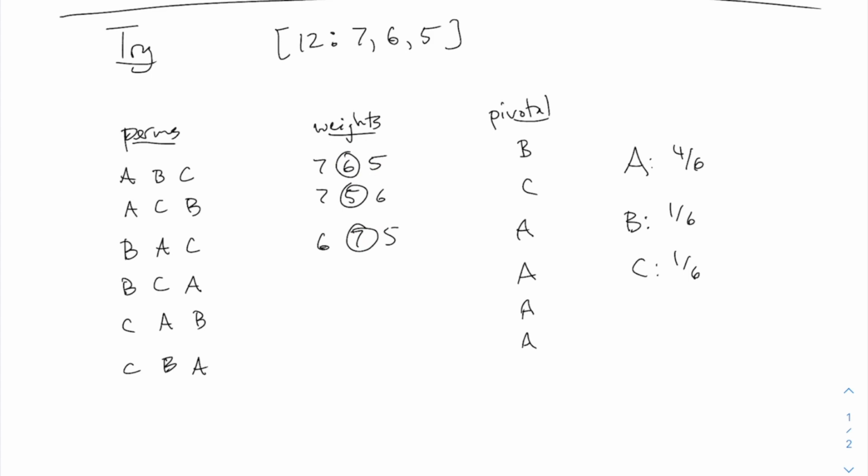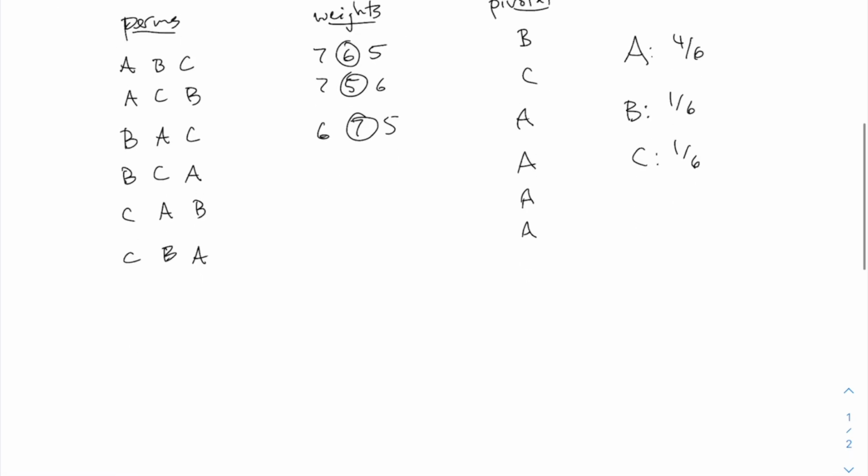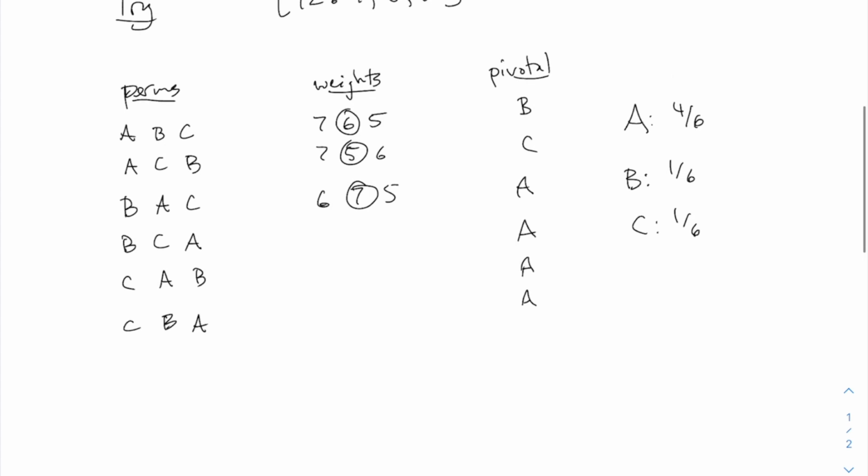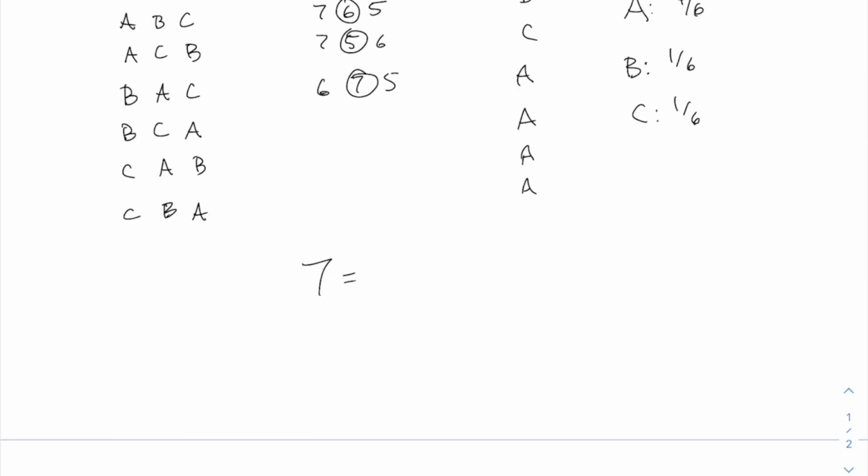Would it be okay if I put the fractions next to the numbers 6, 7, and 5? Because 6 gives 1/6 to the power. Sure, as long as I can figure out what you're talking about. I don't really like when people, instead of A, where A is the 7, say, okay, my answer is 7 equals 4/6, 6 equals 1/6, and 5 equals 1/6.